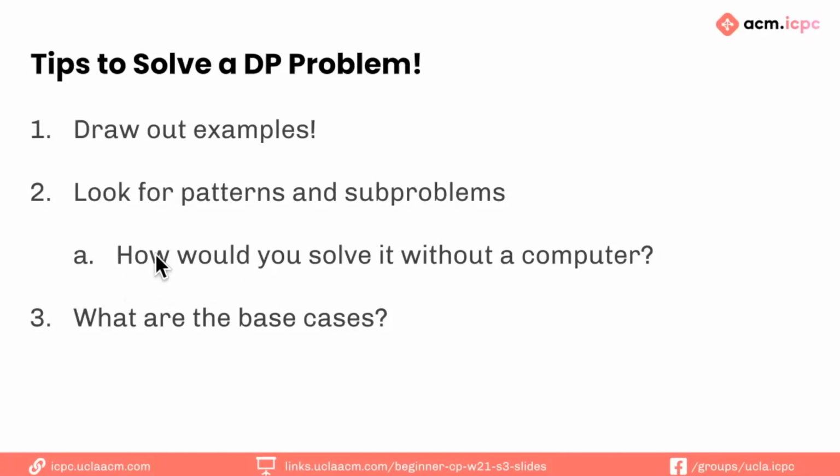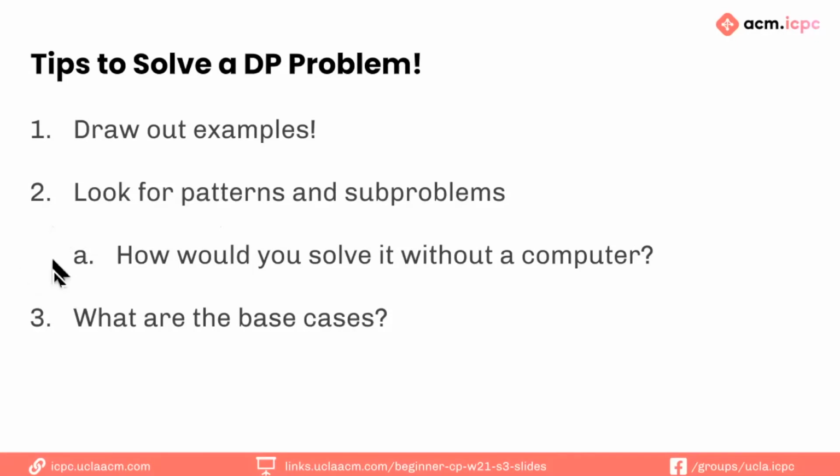So one thing that I think is helpful is, when you have your large example drawn out, to think about how you would solve it without just trying every single thing, trying to find the fastest solution that you would do if you didn't have a computer. I think that's another good tip.